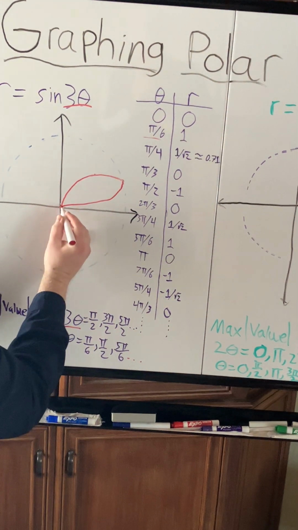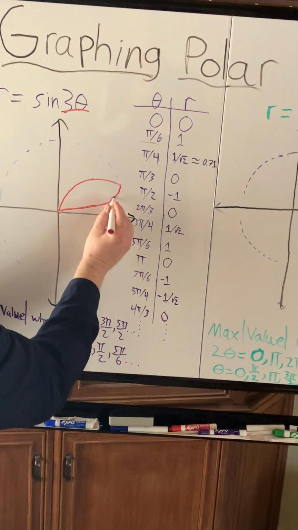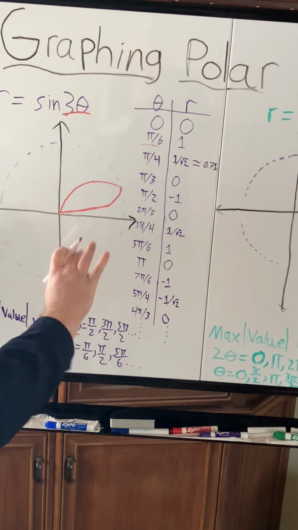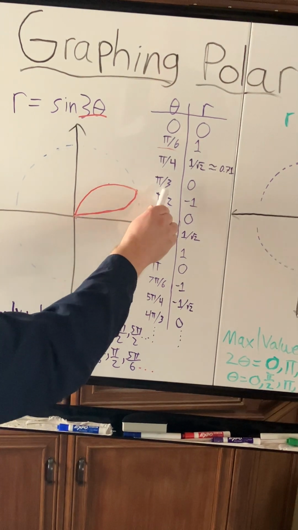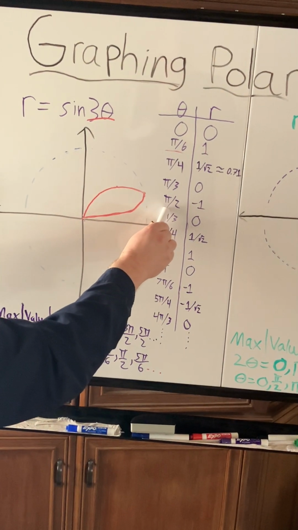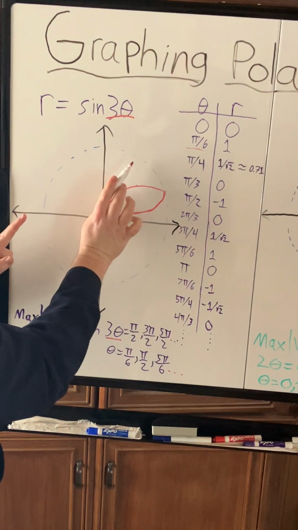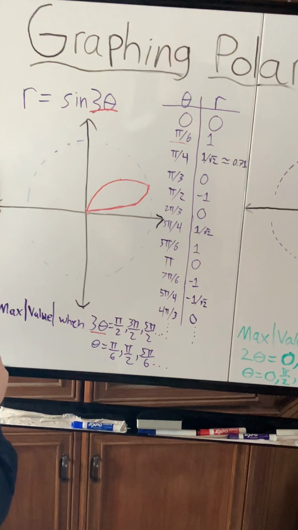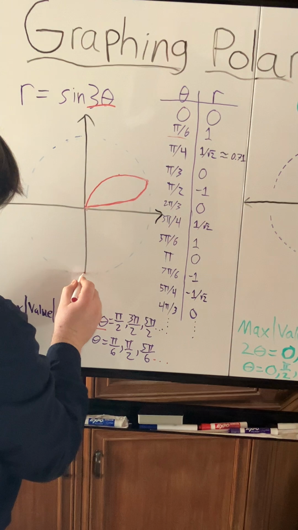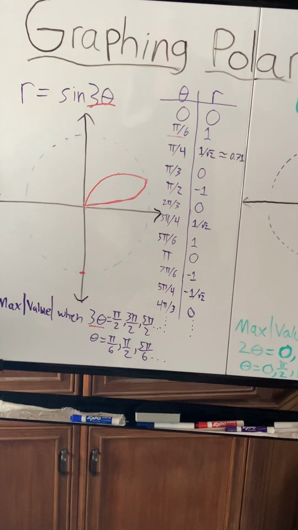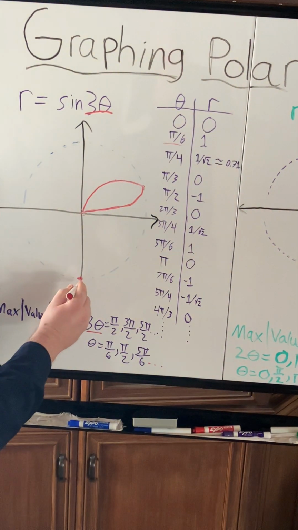I'm not an artist, so these will look a little ugly at times, but we're going to do our best here. Now, as we keep progressing to an angle of pi over 2, we get an r value of negative 1. That tells us at pi over 2, we're down here, r is negative 1.